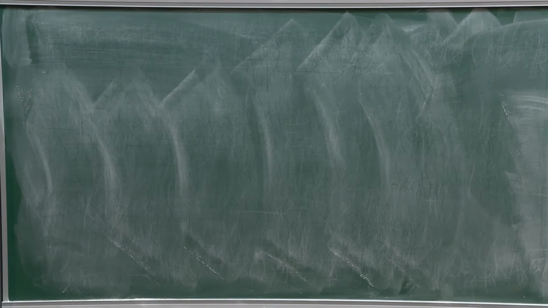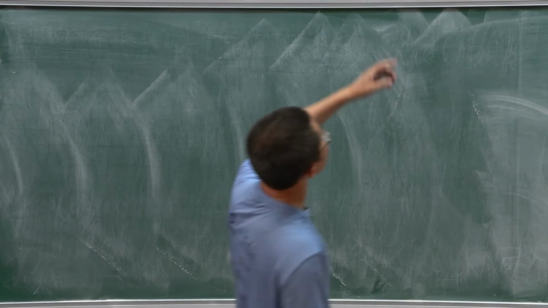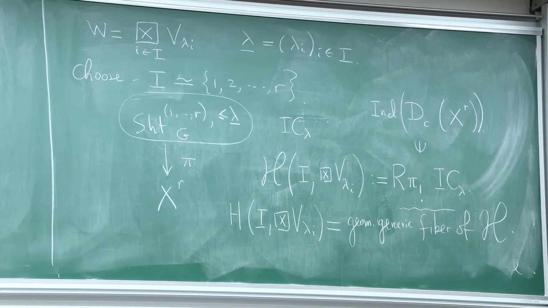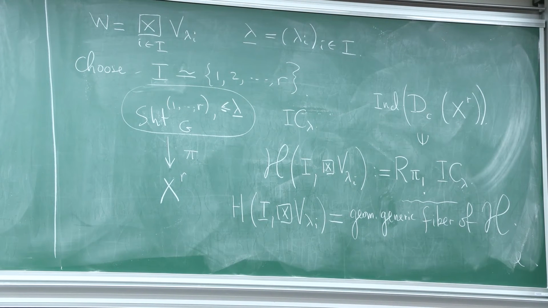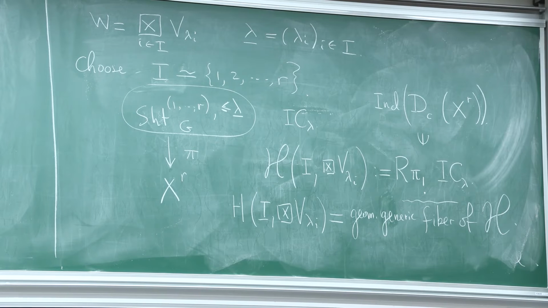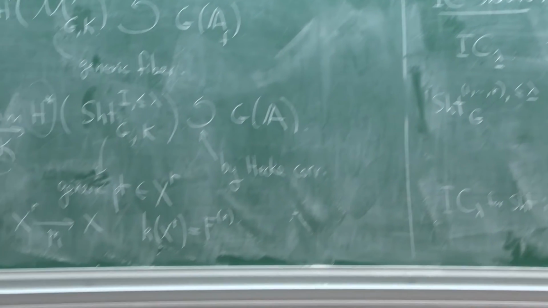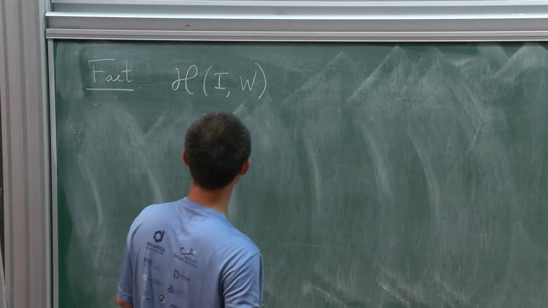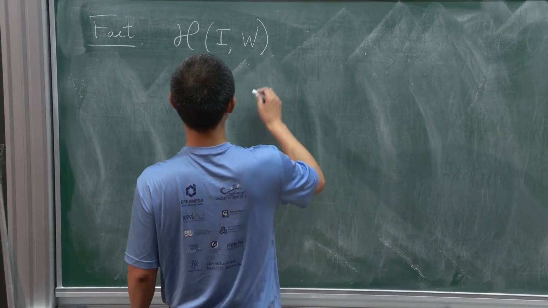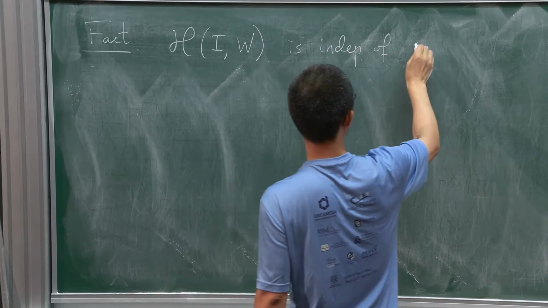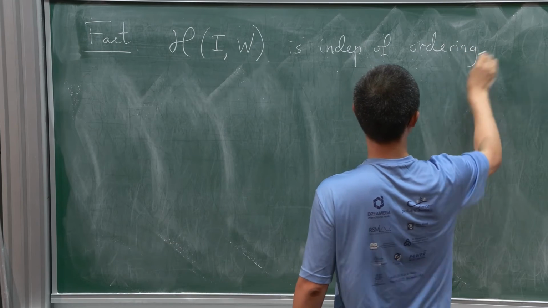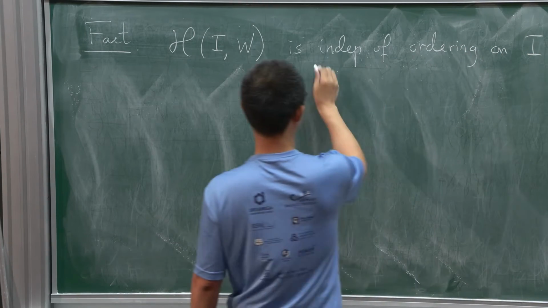So there's an obvious issue with this definition. That is, we've chosen an ordering of I. Okay, but our notation did not reflect that. So in fact, this curly H, curly IW, or straight H version is independent of the ordering on I in a canonical way.